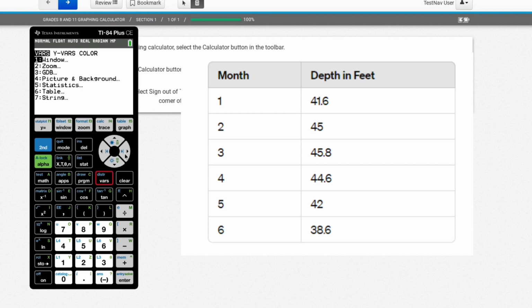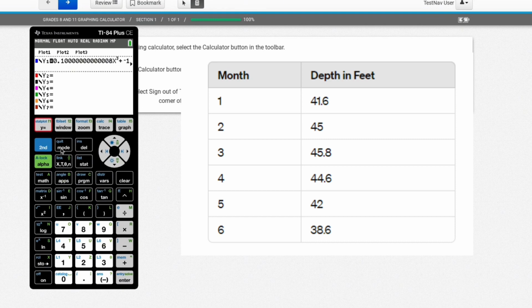So go to store reg eq, hit vars, go to yvars, hit function, hit enter, and now when you hit the y equals button, that gross looking formula, which is actually not that bad at all, will show up in y equals.